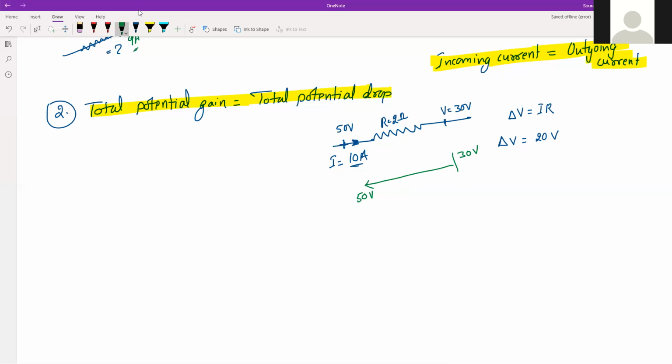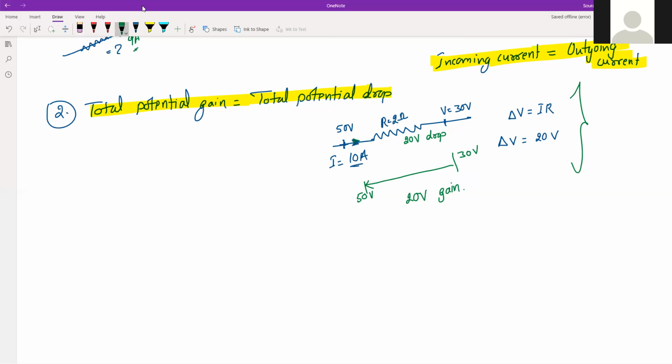So here this 20 volts is a drop, but coming from here to here, this 20 volts must be a gain.